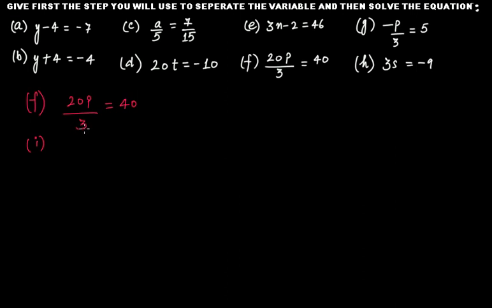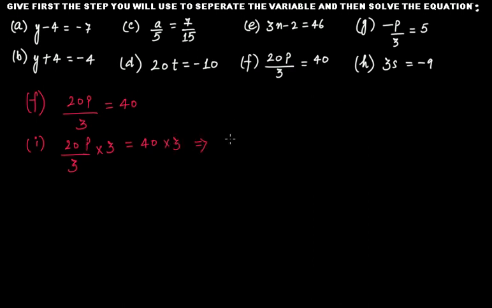So what you will do is, since here 3 is in division with 20p, you'll multiply both the sides by 3. So this will be 20p divided by 3 and times 3 equals to 40 times 3.